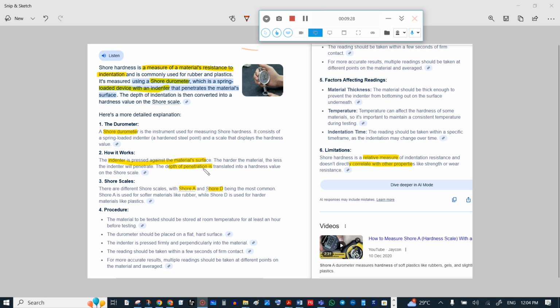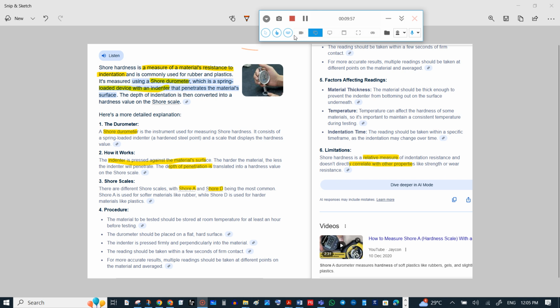Two kinds of shore values are there: Shore A and Shore D. Shore A is for softer materials like rubber, and Shore D is for harder materials like plastic. So its limitations are that it is a relative measure, and it does not directly correlate with other properties like strength or wear resistance.